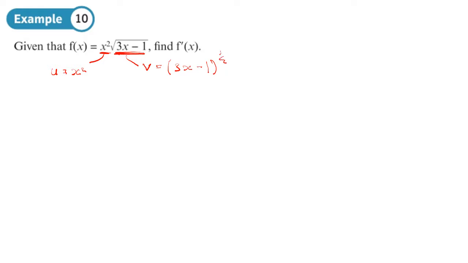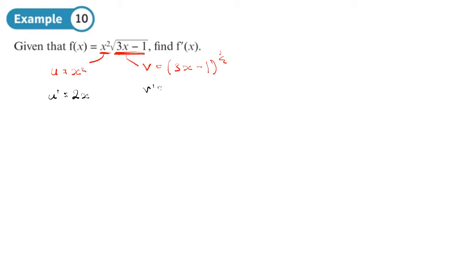Right, so now let's work out what u dash is, or du dx. That's going to be 2x. And v dash, or dv dx, using the chain rule, is going to be a half.